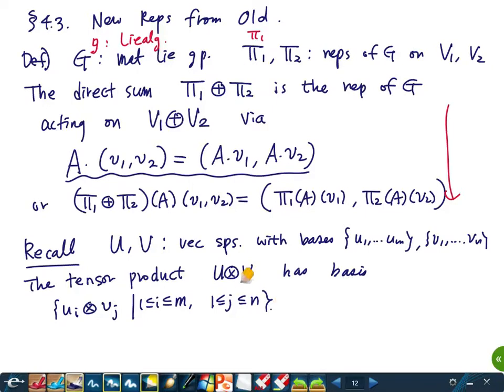So basically, it's a space spanned by objects like this.